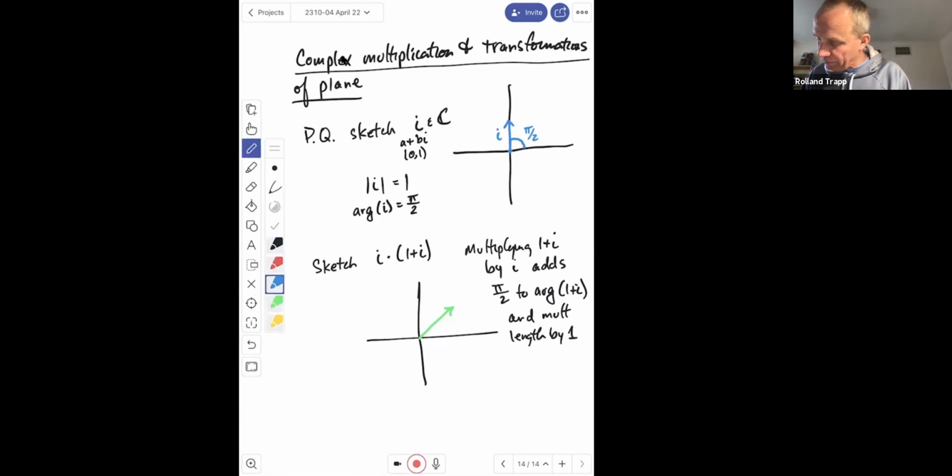Because multiplying the length by 1 just says it leaves it the same length, but adds pi over 2 to it, right? So this will be i times 1 plus i.